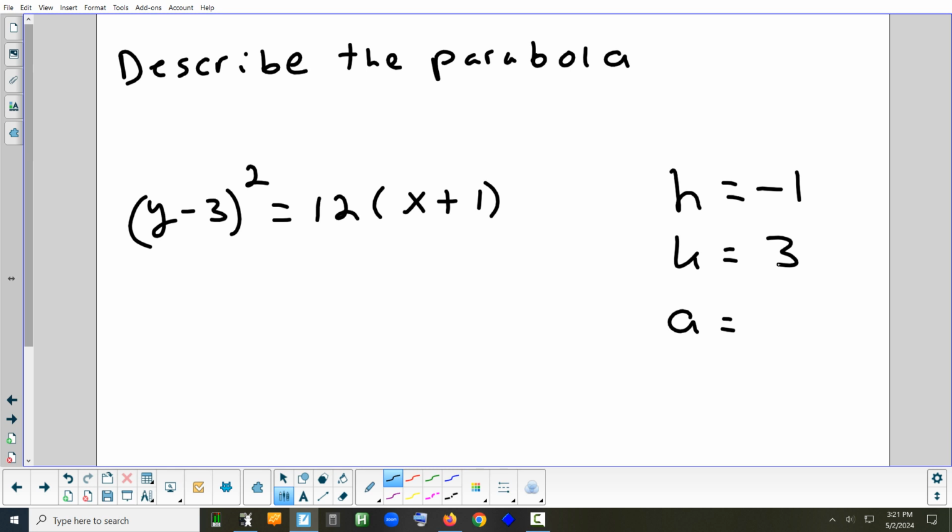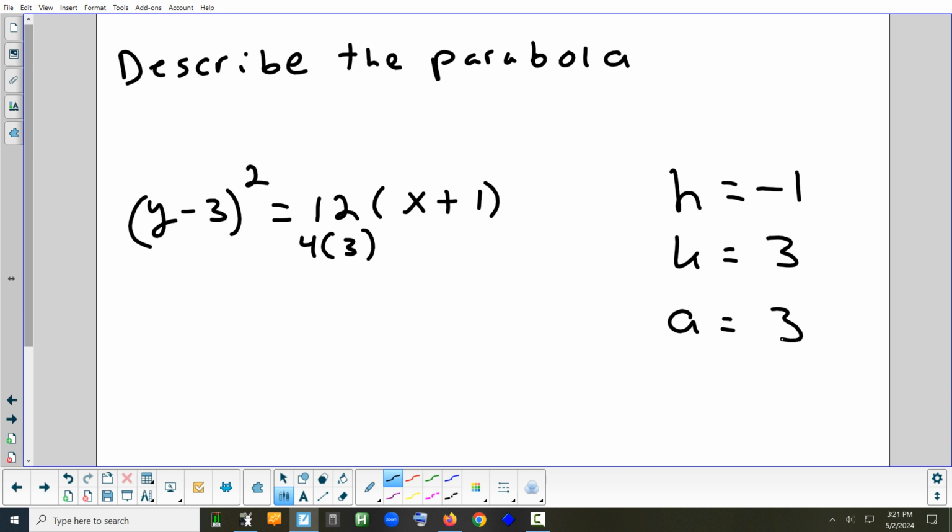And what about A? 3. Yeah, A, because you have to think of that right-hand side as 4 times something. The something is your A. So it's just a coincidence that they're both 3. But that could happen, so we should try a problem like that. Okay, so we have all the letters we need.